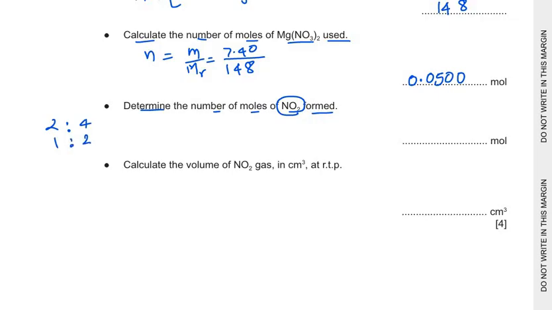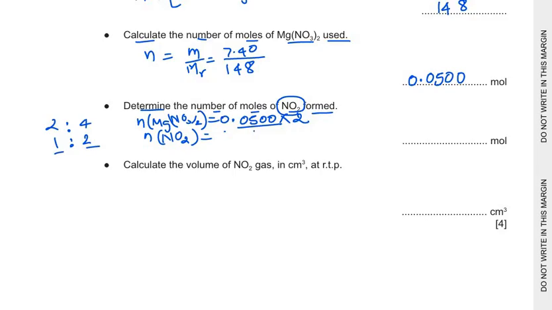So if the moles of magnesium nitrate is 0.050, then for the moles of NO2 we need to multiply that by 2 to get the moles of nitrogen dioxide, because it's a 1:2 ratio.